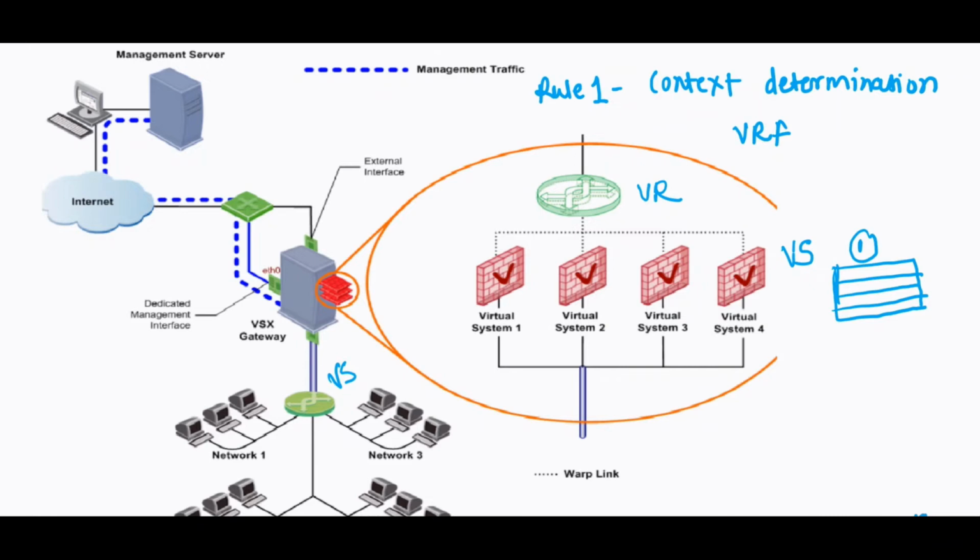In the entire VSX gateway, if you have multiple virtual routers and multiple virtual systems, you will have multiple routing domains. And due to these routing domains, the virtual devices can use overlapping IP addresses.